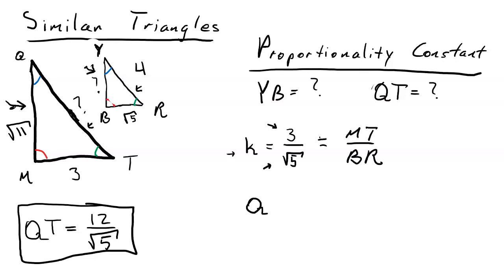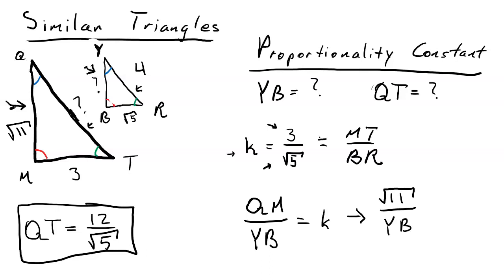So QM over YB is equal to, again, k, right? Because we're comparing two sides, and that's going to be equal to the proportionality constant. So QM is something we know, which is square root of 11 over YB, which is what we're trying to solve for. That's going to be equal to 3 over square root of 5.